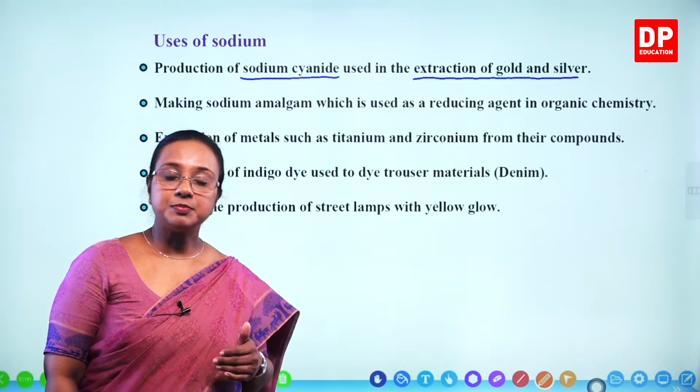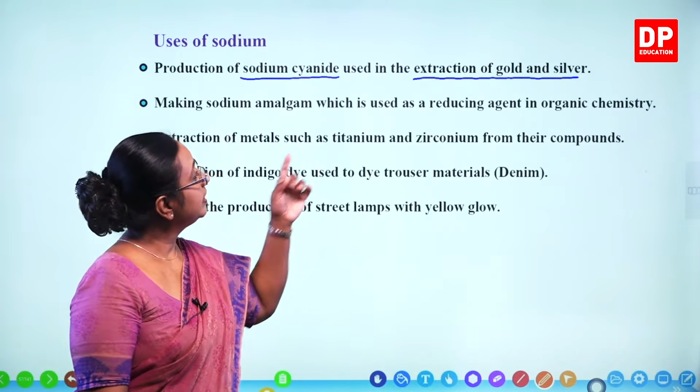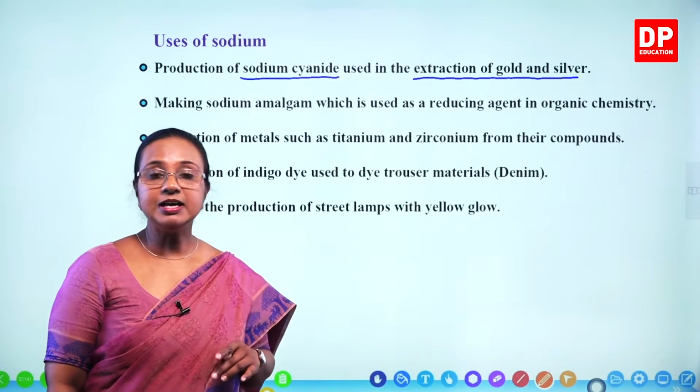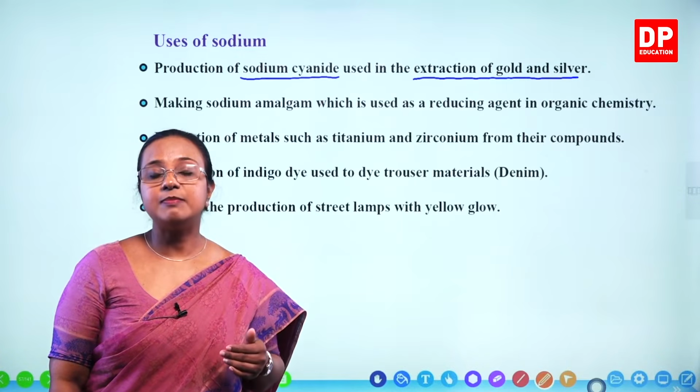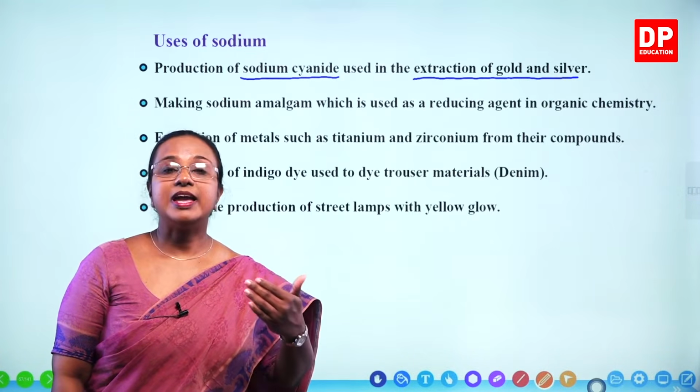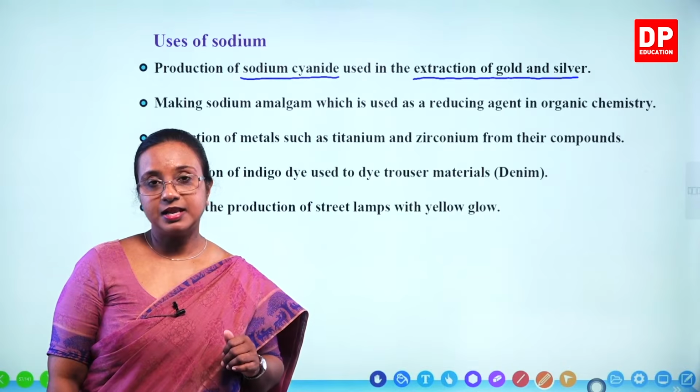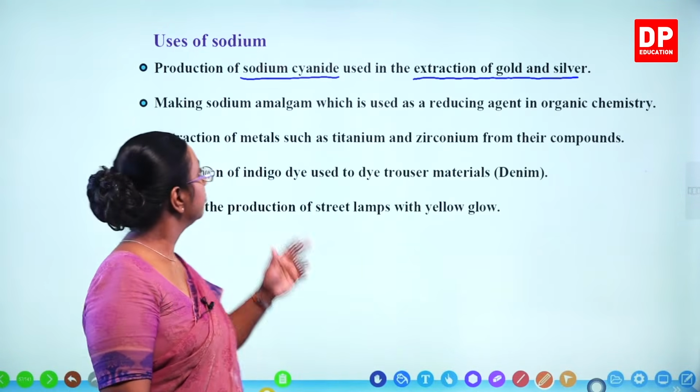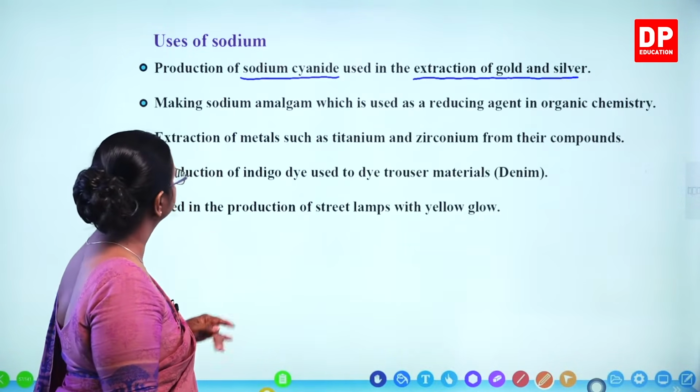When we discussed the properties of metals, we saw that gold and silver exist as native metals in nature. To extract them from the natural ore, we use sodium cyanide.